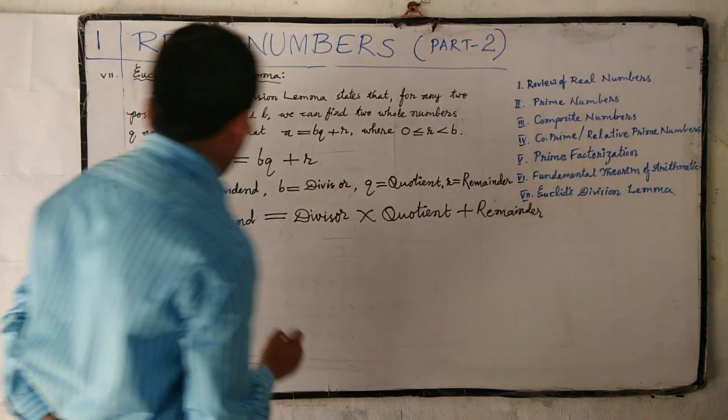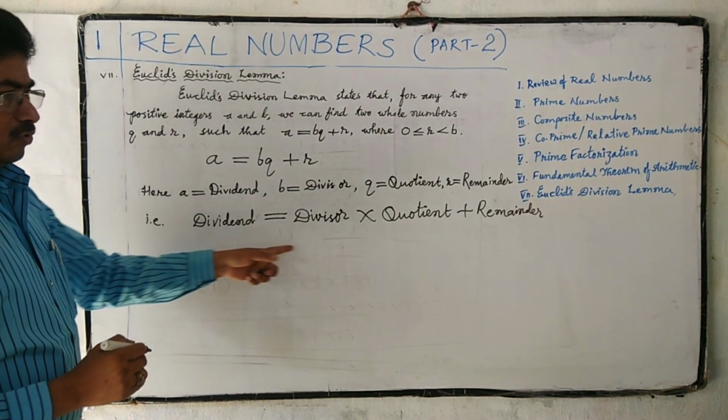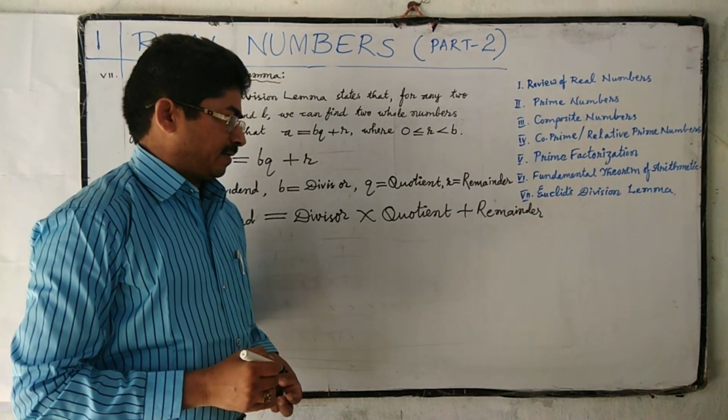We know this very well. Dividend is equal to divisor into quotient plus remainder.